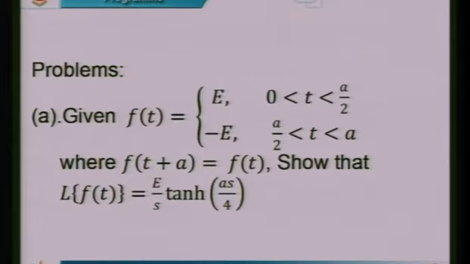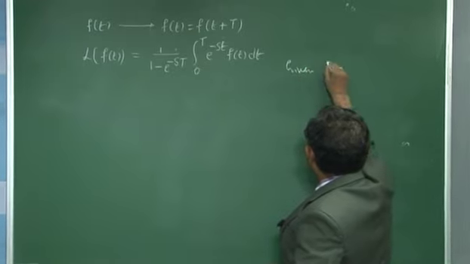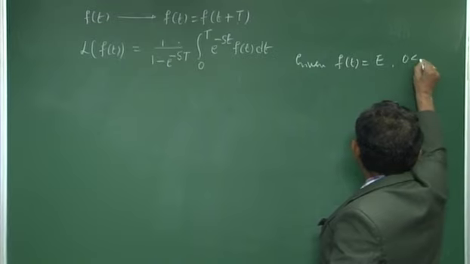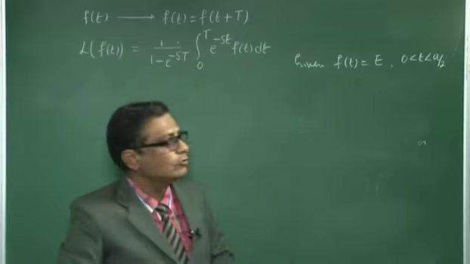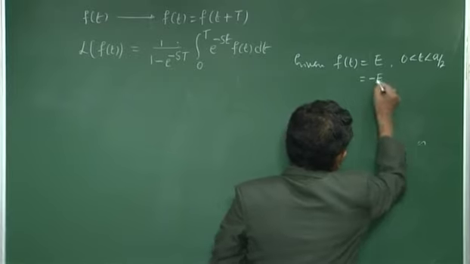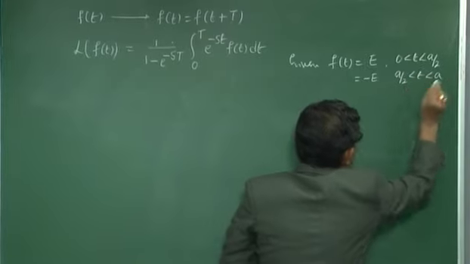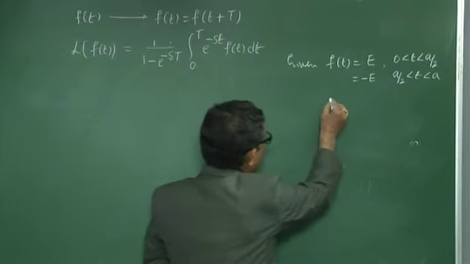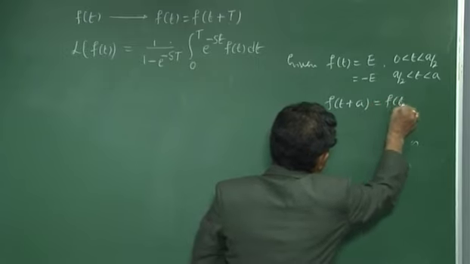Now, what is given here? The given function f of t is e, defined in the interval 0 to a by 2, and also defined in the interval a by 2 to a. Here f of t plus a equal to f of t.